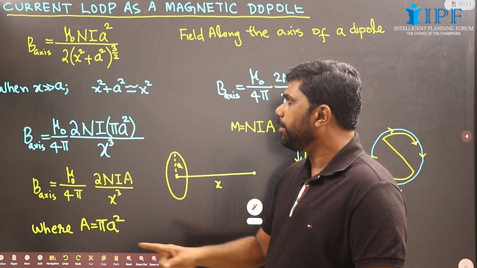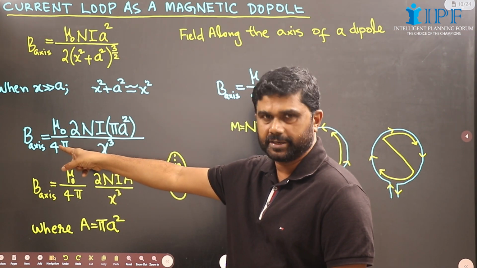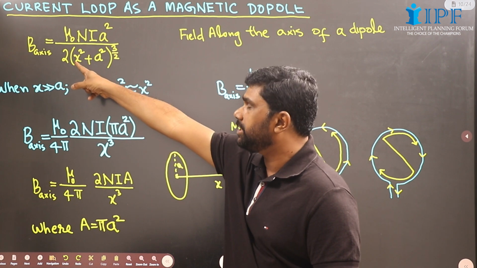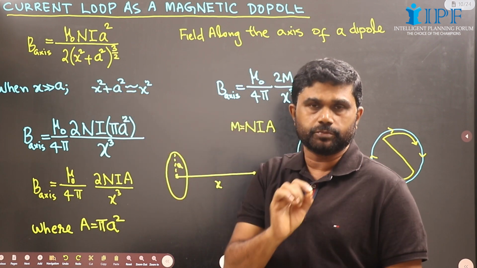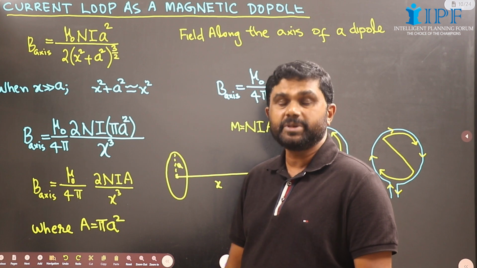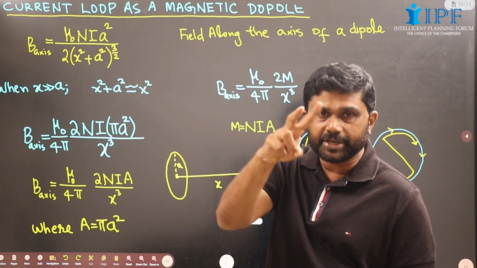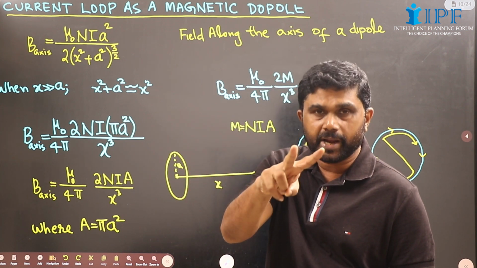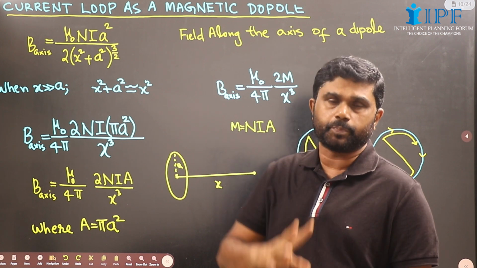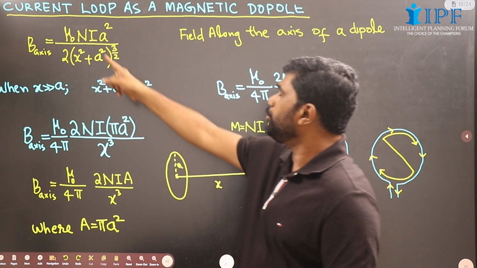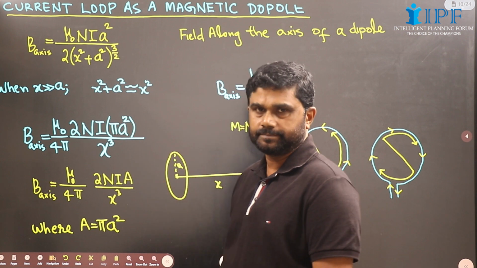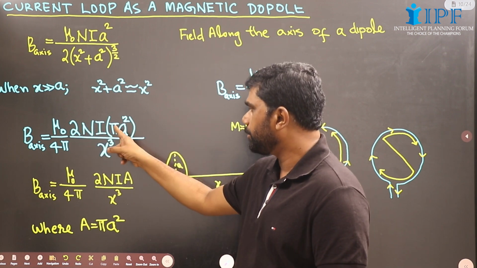But in the denominator I have written mu 0 by 4 pi. In the denominator actually there is only the factor 2, but I have written 4 pi, meaning I have multiplied the denominator by 2 pi. So I have to multiply the numerator also by 2 pi. In the numerator there is no 2 and no pi, so I have put 2 here and pi here.